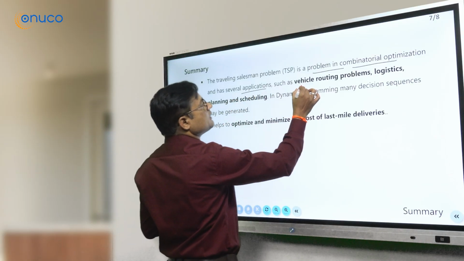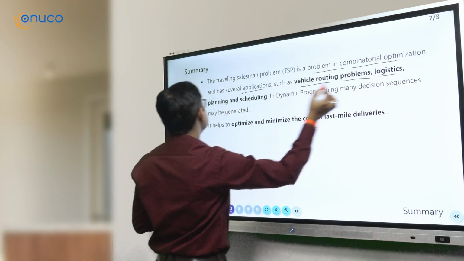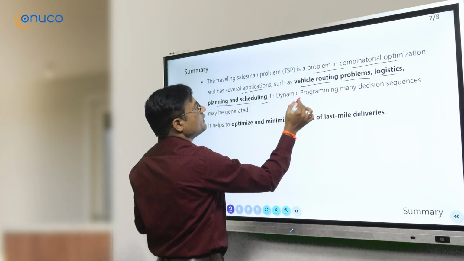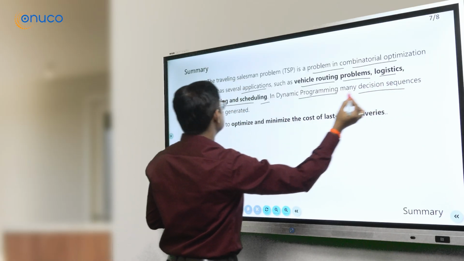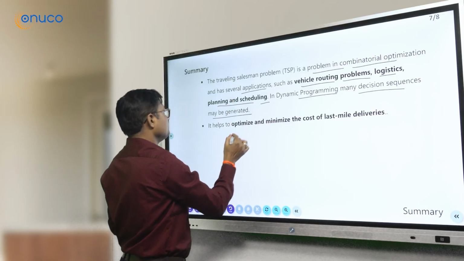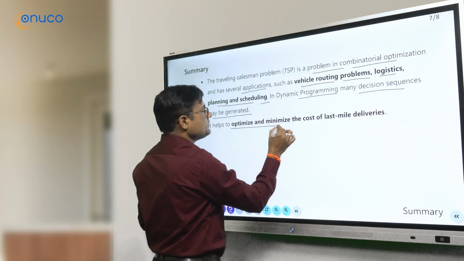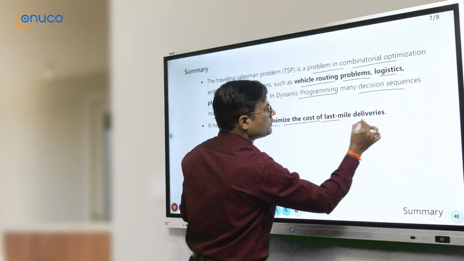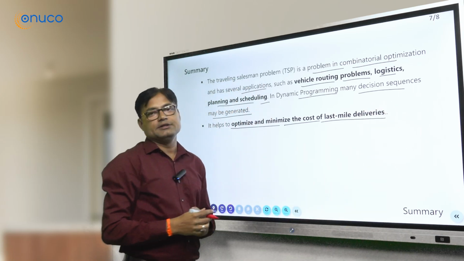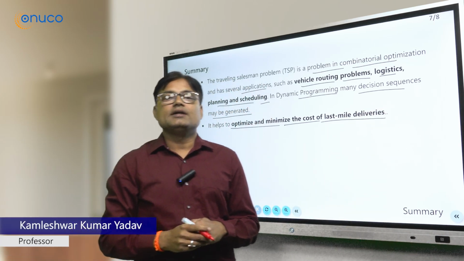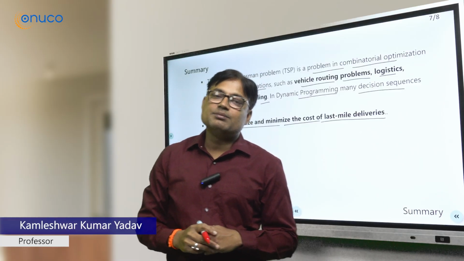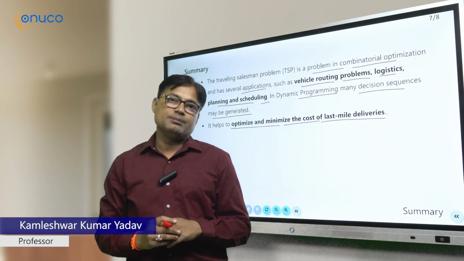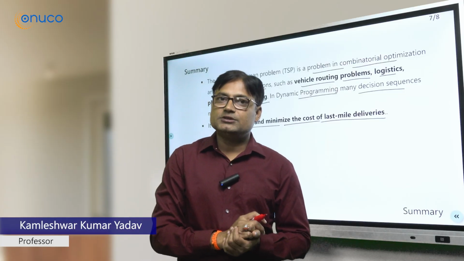It has several applications such as vehicle routing problems, logistics, planning and scheduling. In dynamic programming, many decision sequences may be generated. It helps optimize and minimize the cost of last mile deliveries. The traveling salesperson problem is very close to the postman or delivery person's problem.